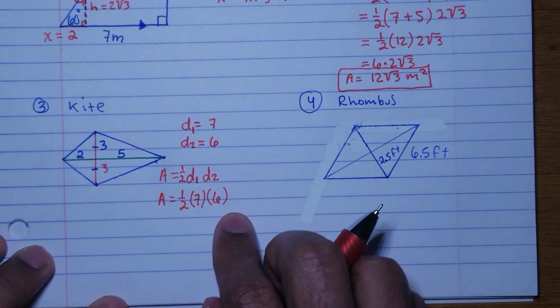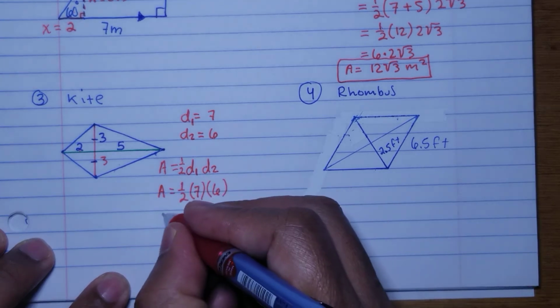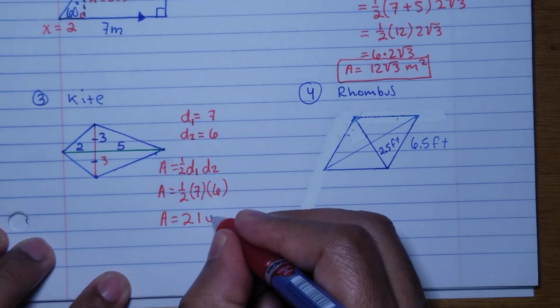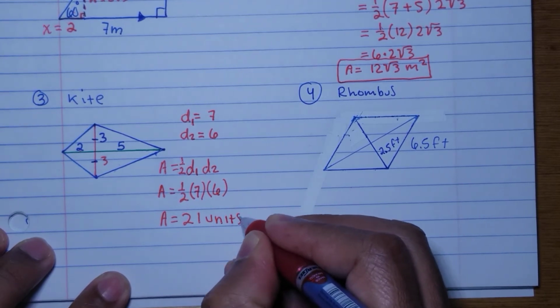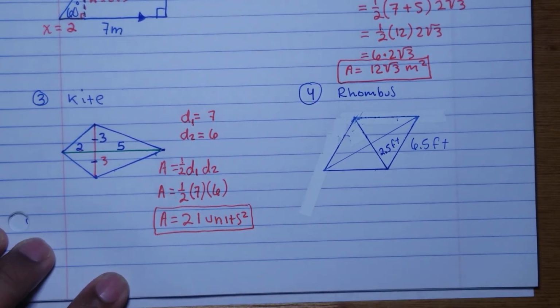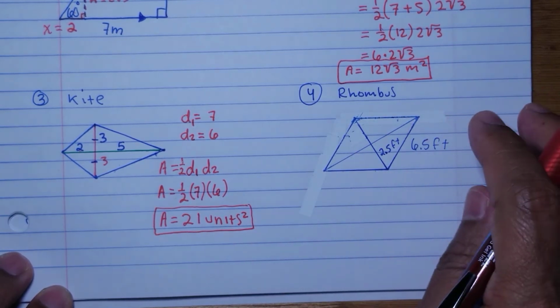So 7 times 6, which is 42, but half of 42 is equal to 21. And in this case, I'm just going to say units squared. Okay, they could be meters, inches, kilometers. It doesn't matter which units they are, but they have to be squared.